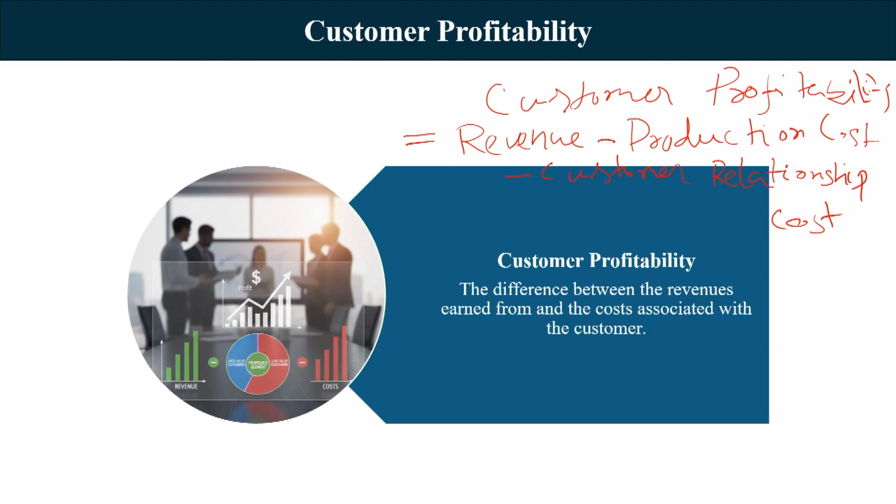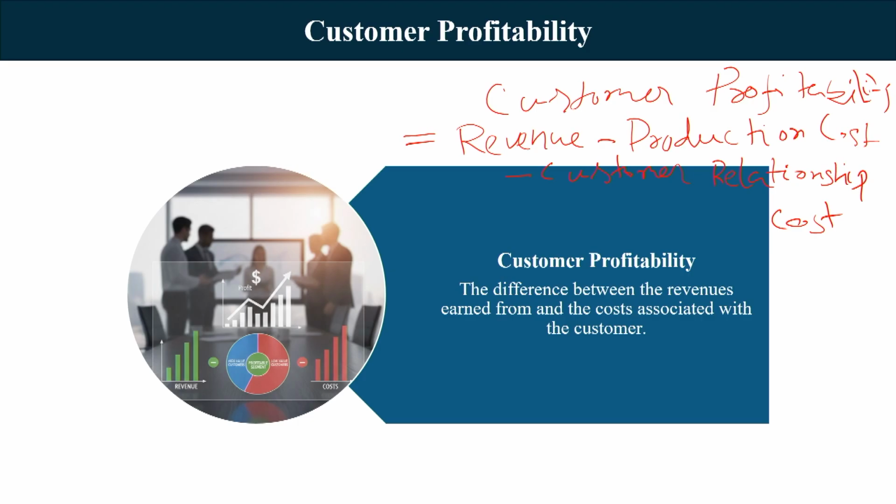Right. So, we need to optimize this customer relationship cost. Basically, if we can optimize this customer relationship cost, it can directly impact the revenue. As of now, we are considering that we do not have any control over the production cost, because the production department will look into it, right.